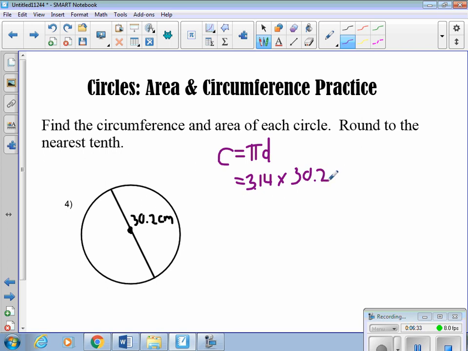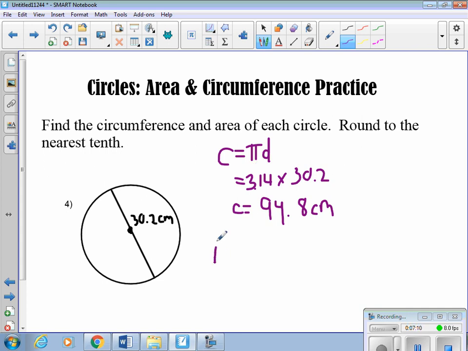And I'll just plug that in my calculator, and 3.14 times 30.2 is going to give me 94.8, and they're centimeters. The reason that the formula is different is because circumference is always going to be pi times the diameter, but if you've been given a radius, you do 2 pi r because you're multiplying the radius by 2, which is the same thing as doing pi times the whole diameter.